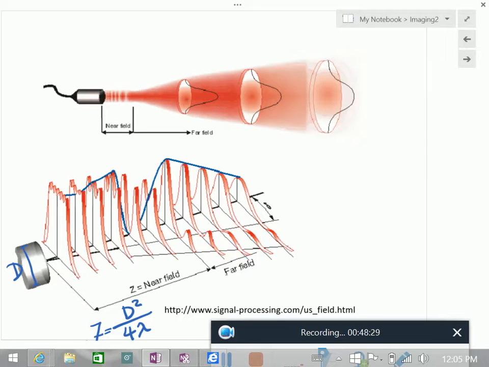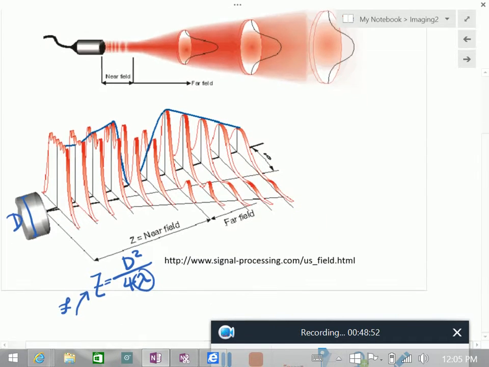Two things: this and waveguiding, which we haven't talked about yet. The near field constant, like, can I think of it like you have a transducer that's always going to emit this beam, this zone, regardless of what material I'm using, that near field is always going to be the same for that transducer? No, because it's also because of this lambda.